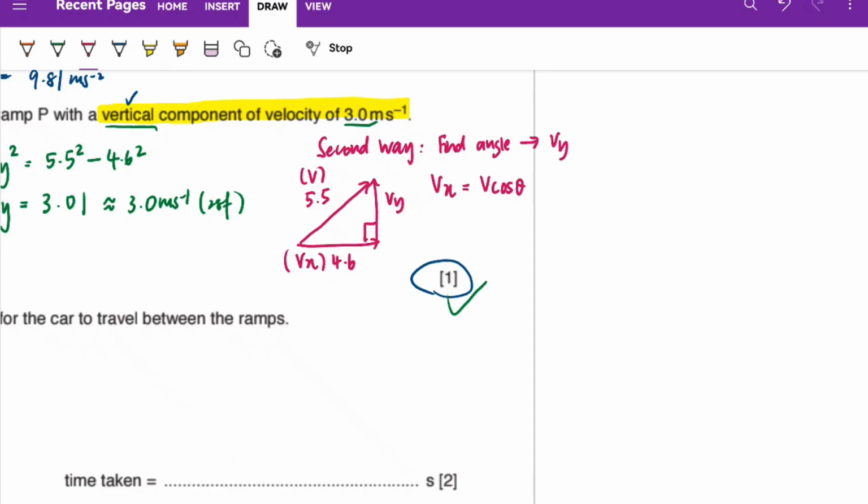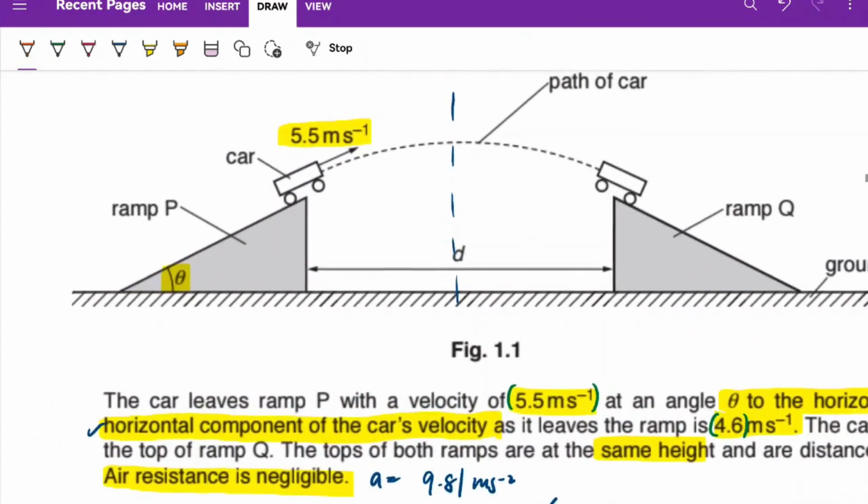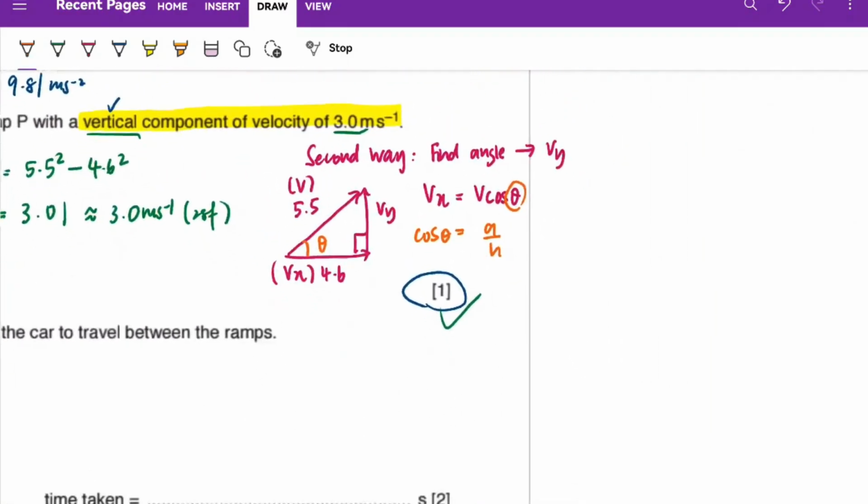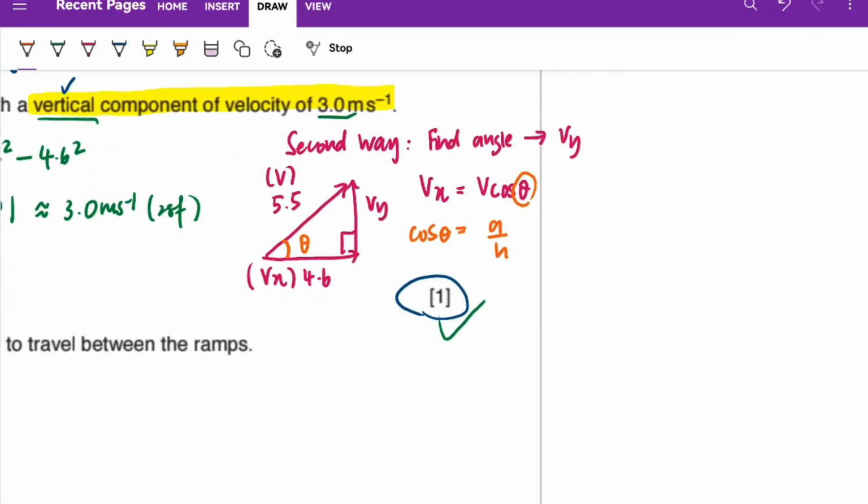We know cos theta equals adjacent over hypotenuse. Now, where is your theta? This is your theta, because you see here the car is going up and your theta angle is here. So when you draw your velocity diagram, your theta is here. Get it so far?